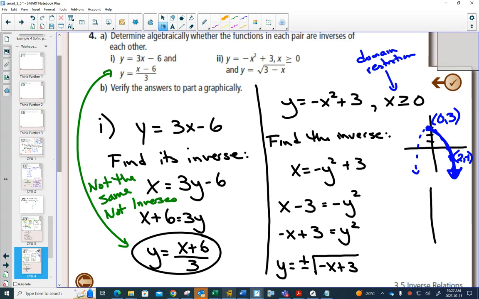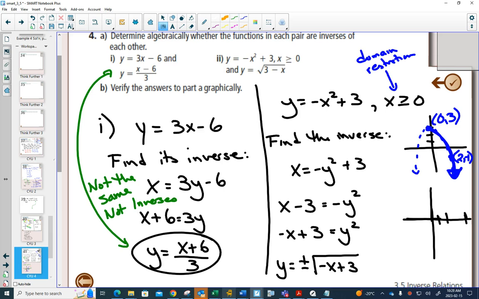Graphically, I would now have on my inverse 3, 0, and I labeled the point wrong.